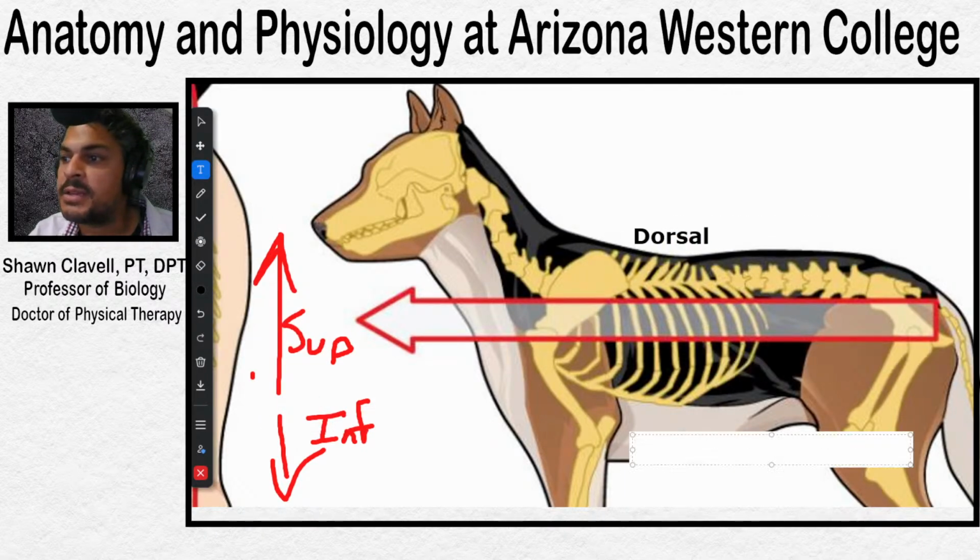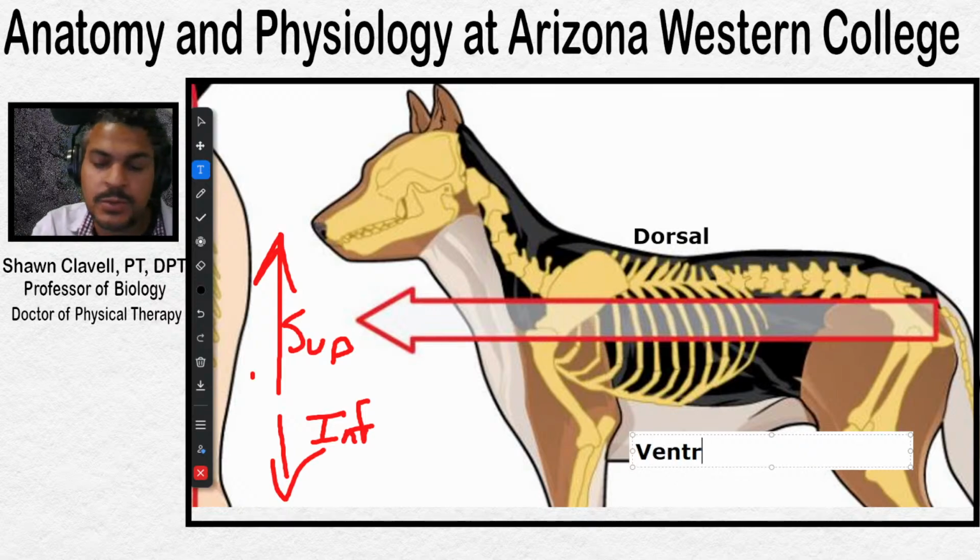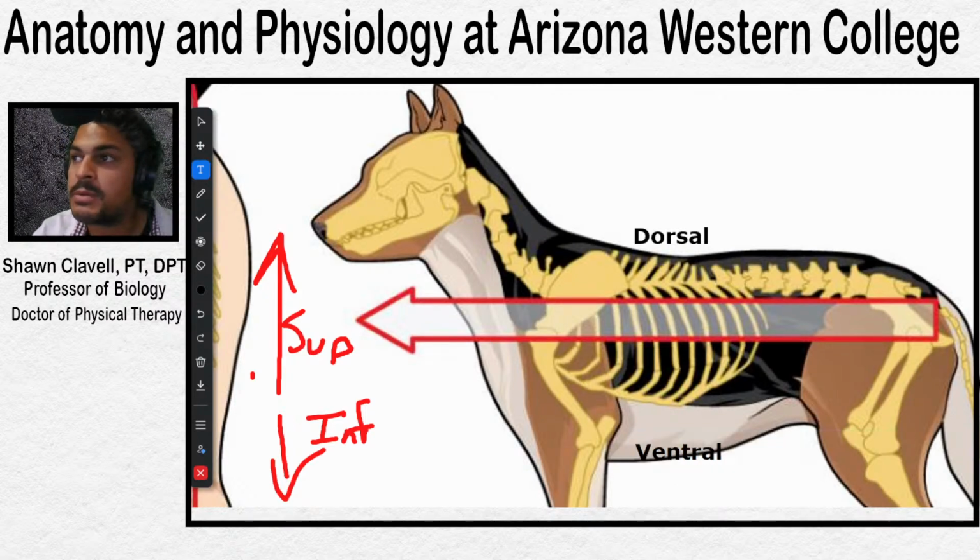And this is the ventral region, towards the belly. So in the dog, as we have an example, their dorsal region is superior, their ventral region is inferior.